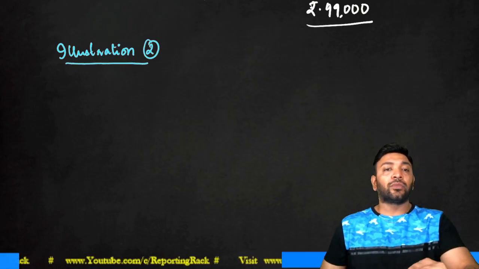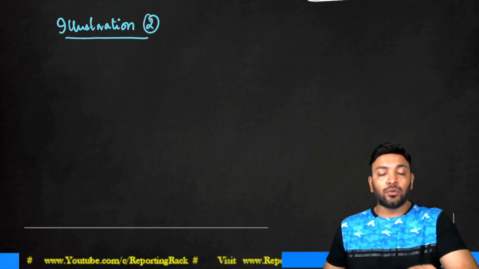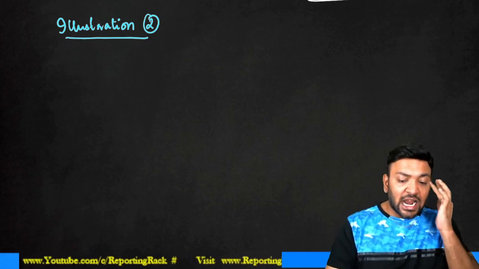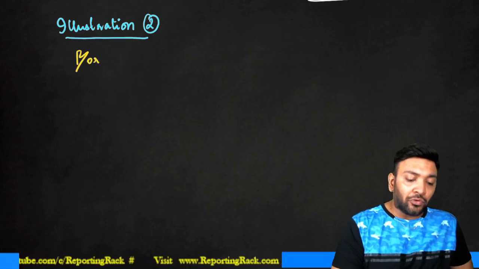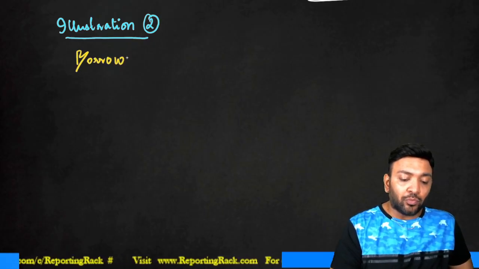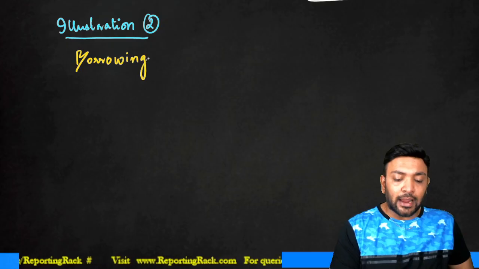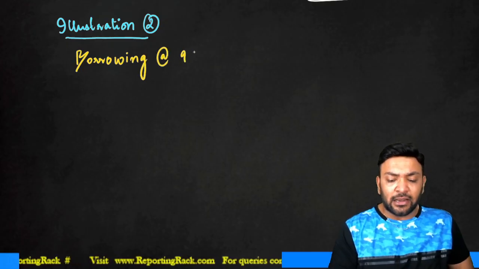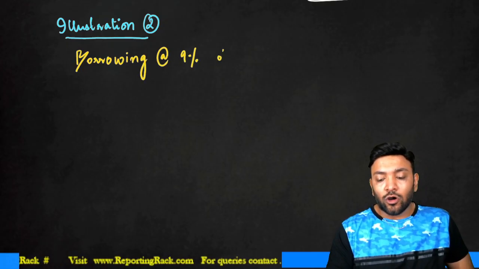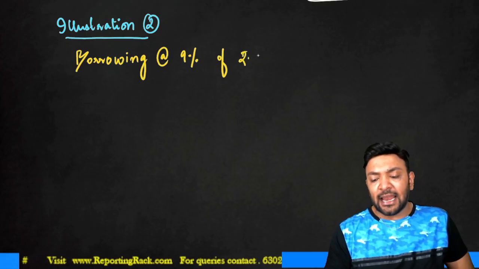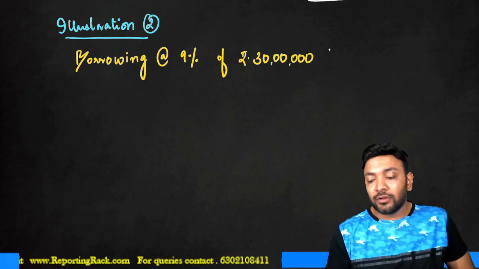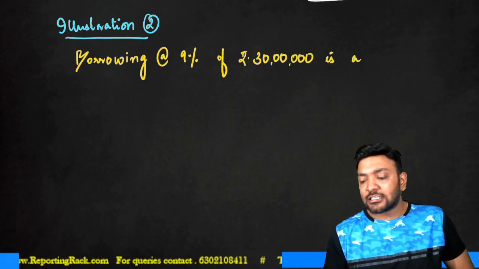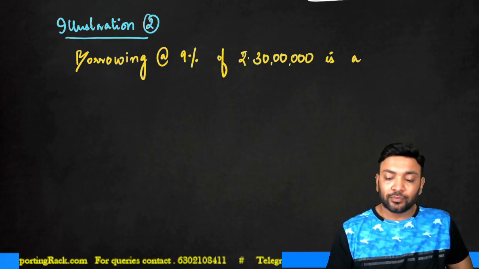Illustration 2. We will start with the sentence saying that borrowing at the rate of 9% of rupee 30 lakhs is a specific borrowing.